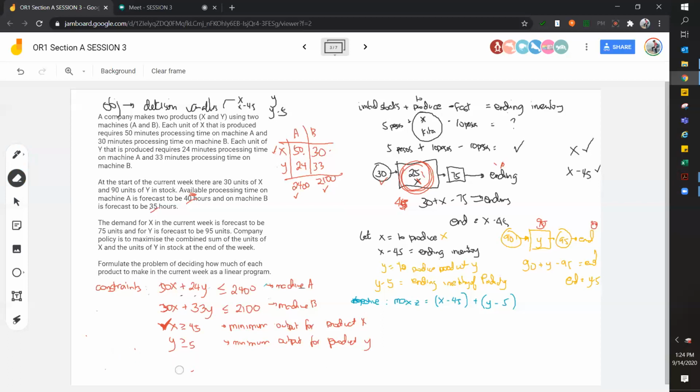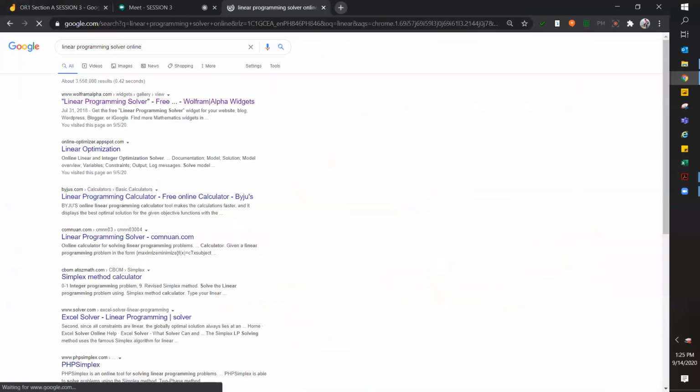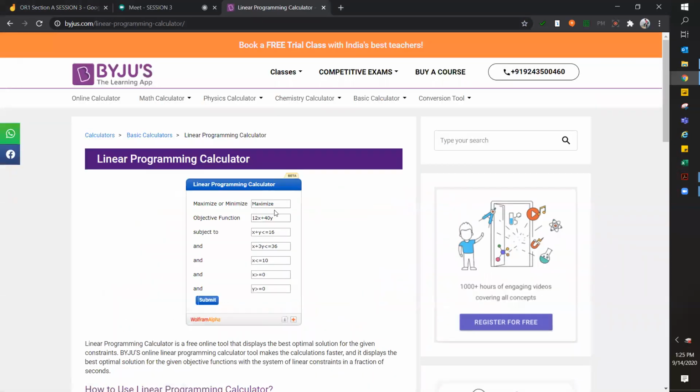Other question? Okay, other questions po? Gusto nyo i-solve to? Solve natin ng isang mabilisan linear programming solver. So again, I'll be using an online solver. First time ko rin itong gamitin. Walang problema. So I have maximize.